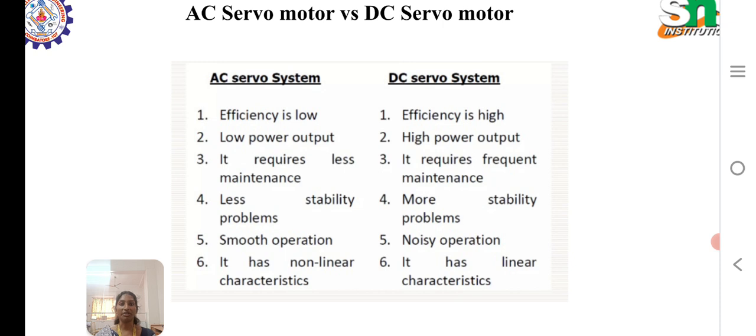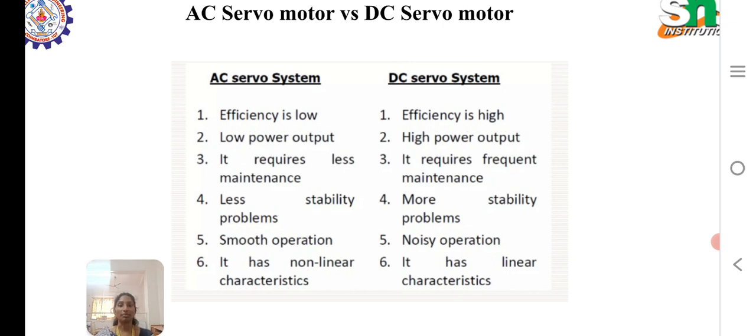And coming to the difference between AC servo motor and DC servo motor, first, AC efficiency is low compared to DC, whereas in the DC servo motor efficiency is high. Coming to the output, AC servo has low power output and DC has high power output. AC requires less maintenance, whereas DC requires frequent maintenance of the system.